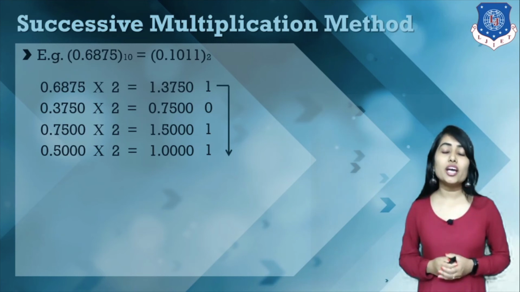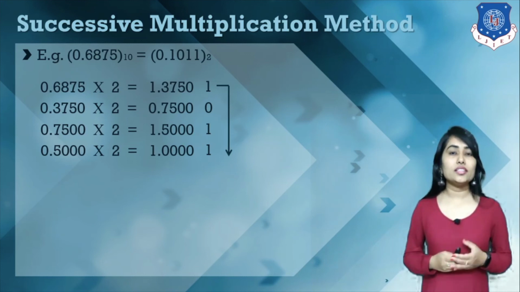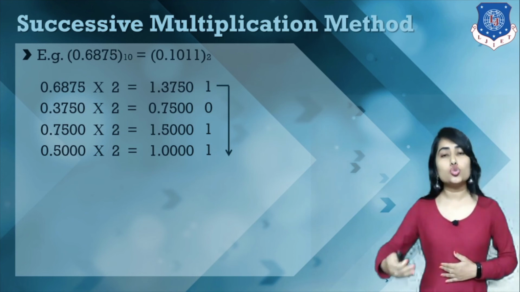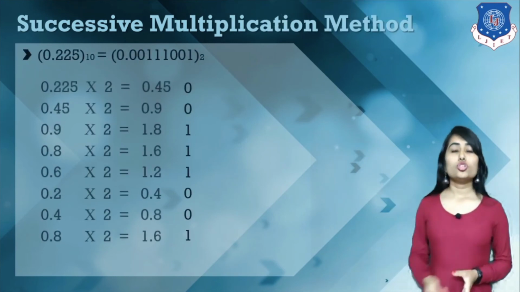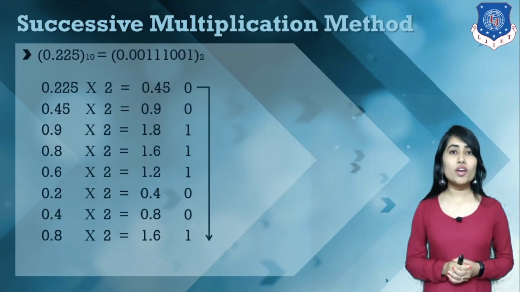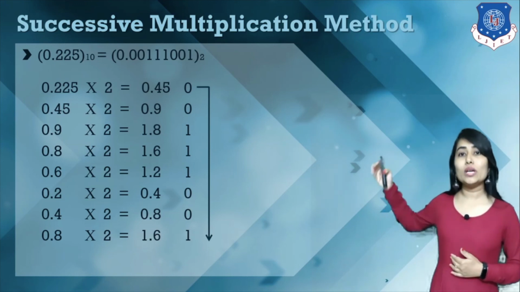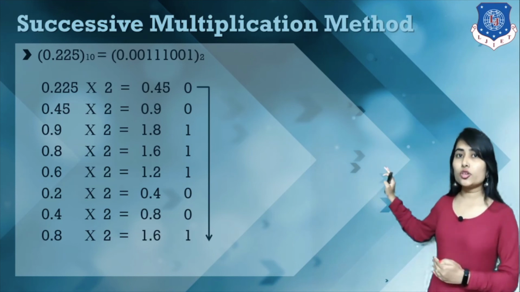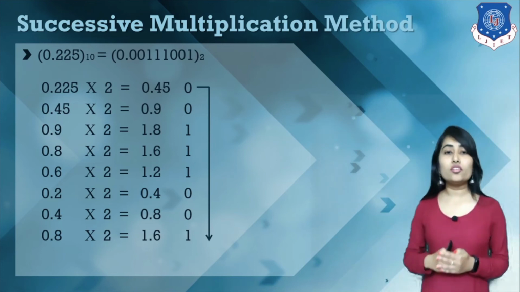Now let's discuss another example, how we can convert any fractional number into binary, octal or hexadecimal. So here we have another example. First, 0.225. This 0.225 can be converted into binary. We have to do successive multiplication by 2 and write our integer portion aside, and from top to bottom manner we can write our answer bits.